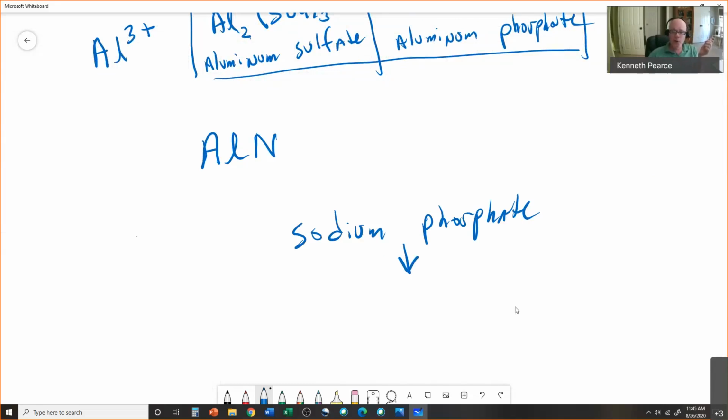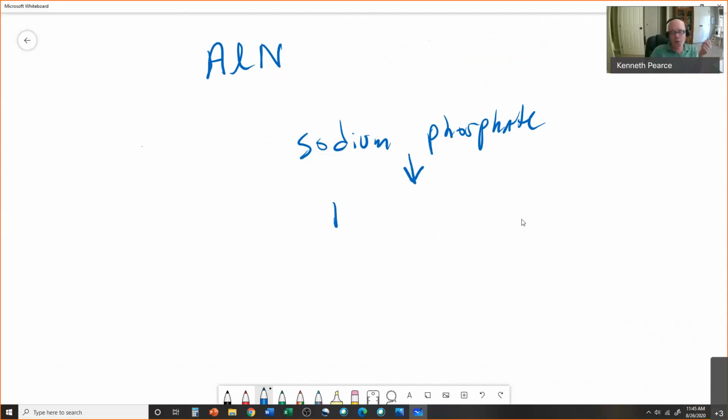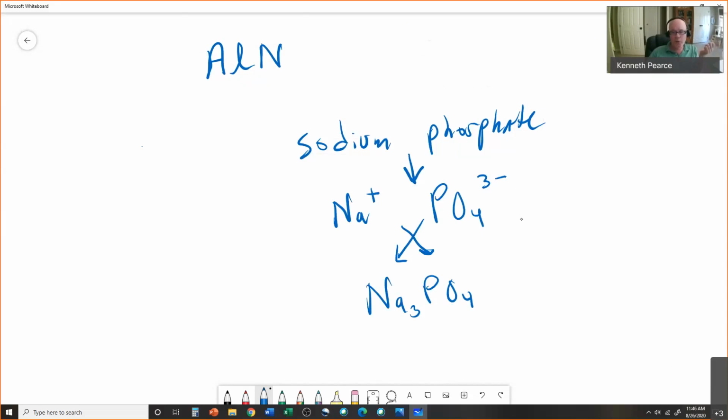And the way we're going to do that is you go to the periodic table and you see that sodium is in that +1 column, and you have to memorize your polyatomic ions on the back page of the book, and you would write down PO4 3-, and then you can go ahead and cross charges, okay? And you get sodium 3, PO4, and there you go, you got sodium phosphate. So whatever you do when you're going in the other direction, never skip this step. Okay, never skip this step when you go back the other direction.